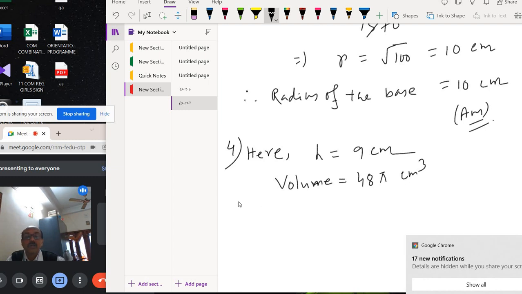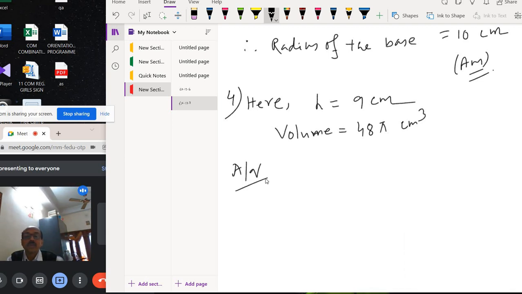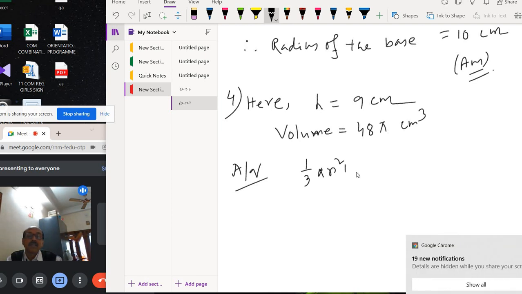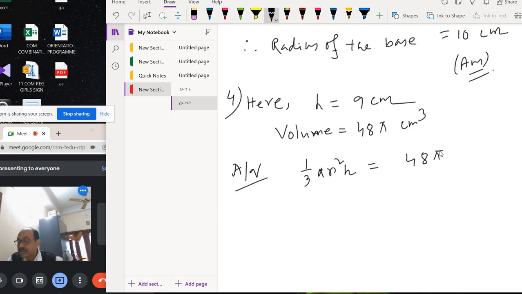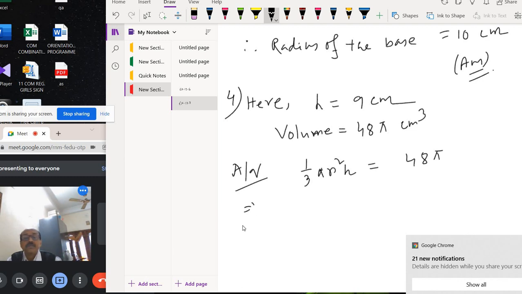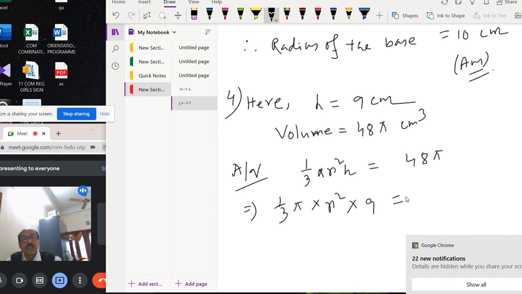Now according to the question, we know the formula is 1 by 3 pi r square h equal to 48 pi. Now 1 by 3 pi into r square into h, height is 9, equal to 48 pi.